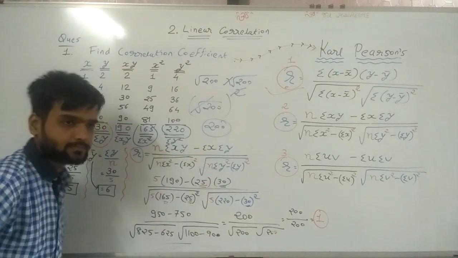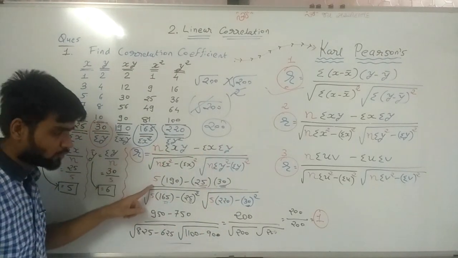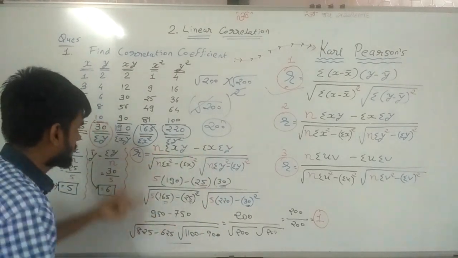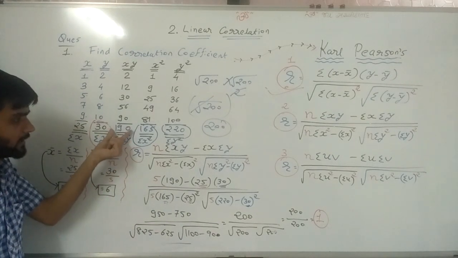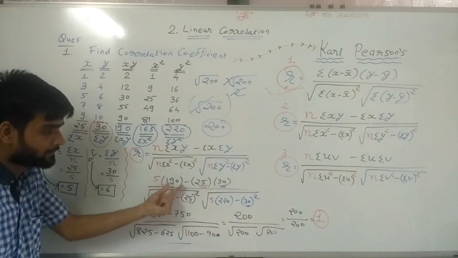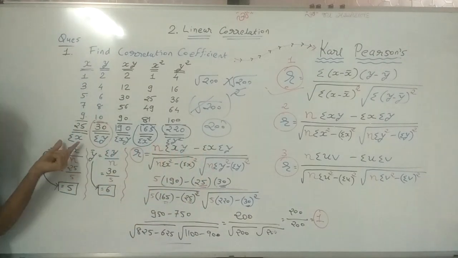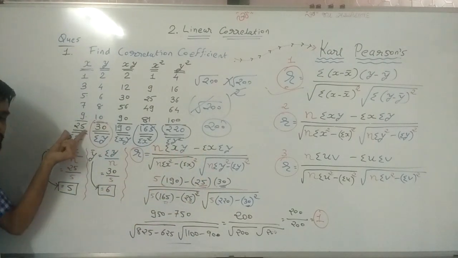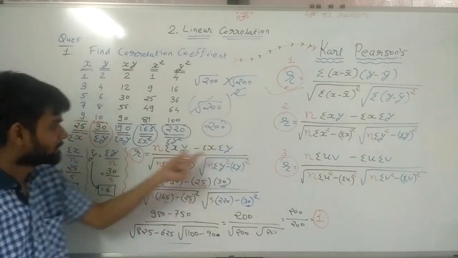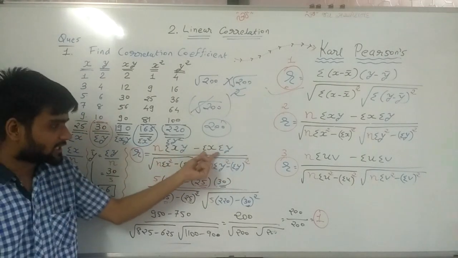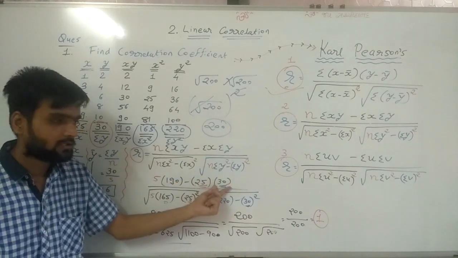The formula is written. Now write n is equal to 5, sigma xy is 190, minus sigma x, which is 25, into sigma y, which is 30.